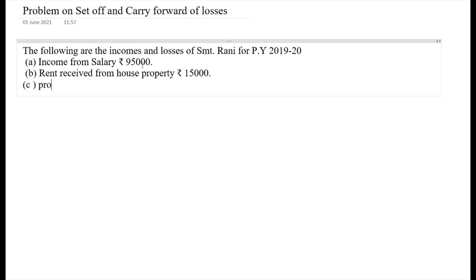Profit from cloth business, 45,000. Loss from cotton business, rupees 9,000.